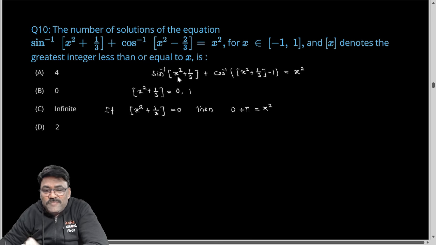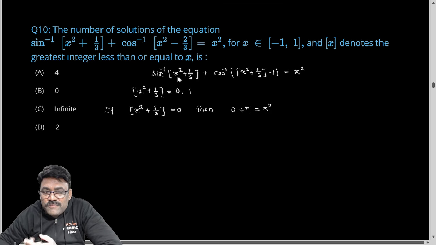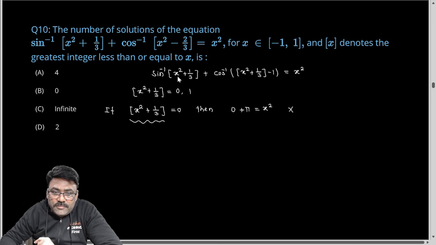And if x square is pi, then the integral part of x square plus 1/3 cannot be 0. Pi is 3 point something, so it will be 3, not 0. So hence this value is not possible.